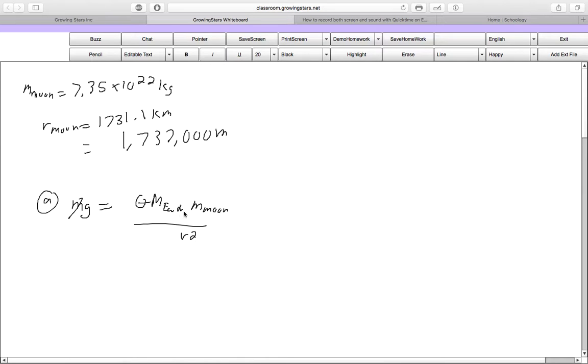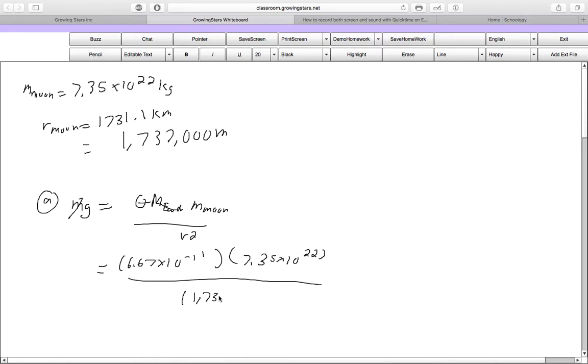The mass m cancels out, so you're left with g, the free fall acceleration due to the moon's gravity at the surface, equal to 6.67 times 10 to the negative 11th times 7.35 times 10 to the 22nd over 1,737,000 meters squared, and that gives you a free fall acceleration g of 1.62 meters per second per second.